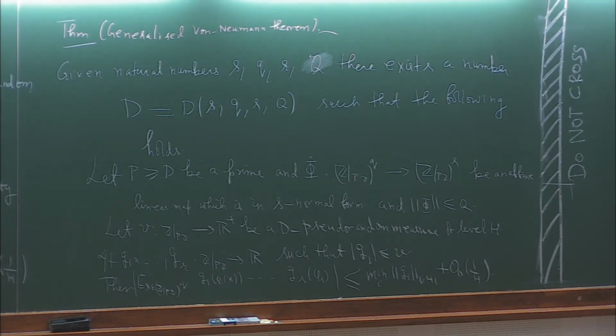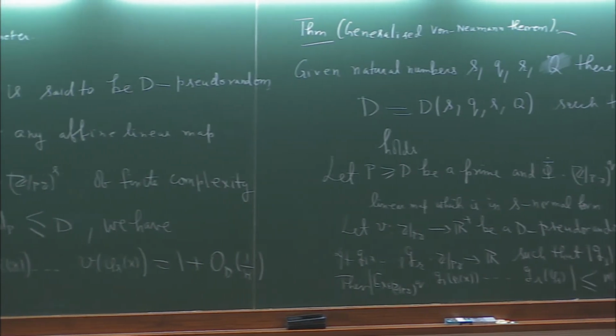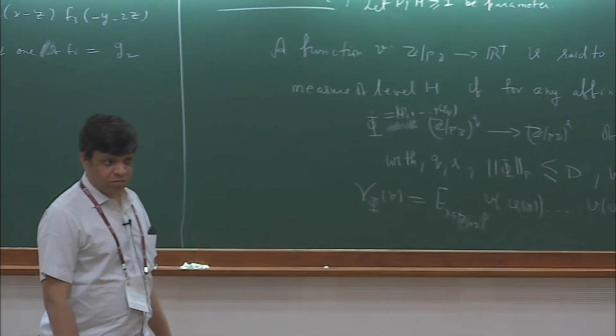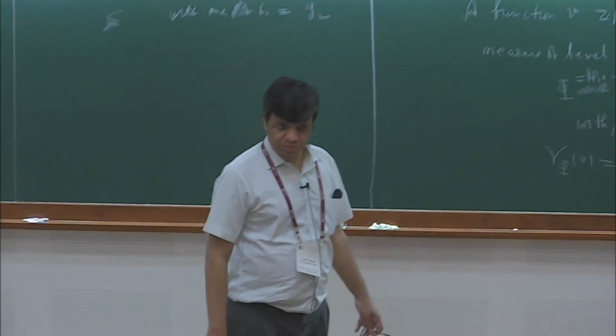So if your g_i are bounded by some pseudo-random measure, then you can have this thing controlled.